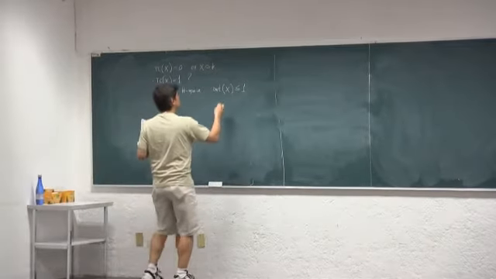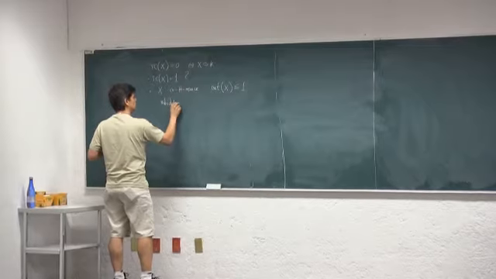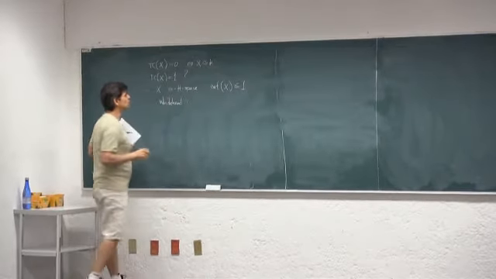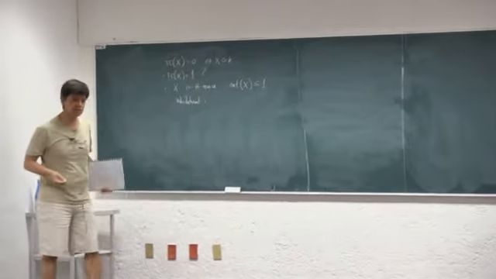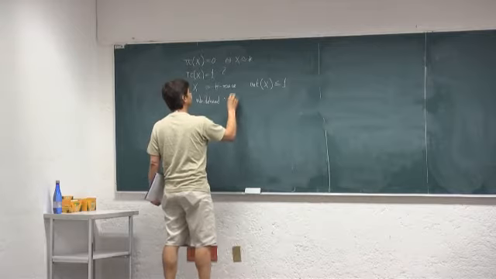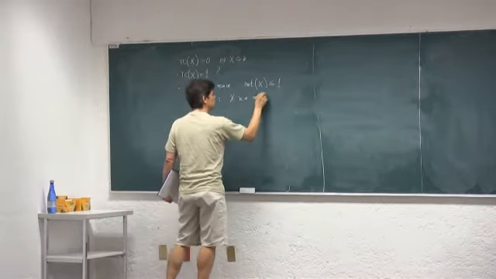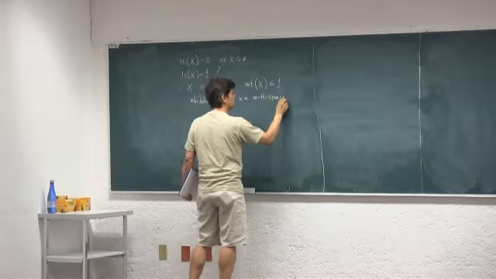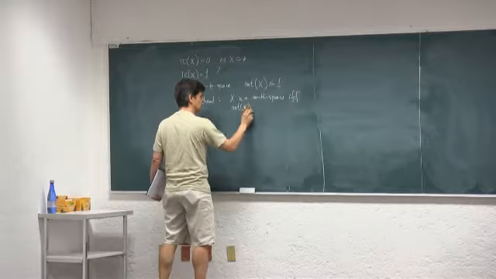In fact, Whitehead proved that spaces having category 1 are just co-H spaces. So X is a co-H space if and only if it has category 1.